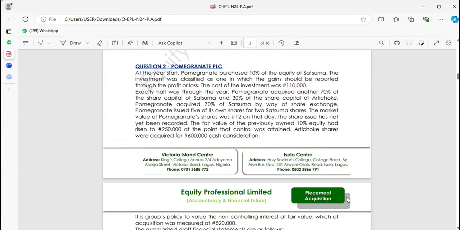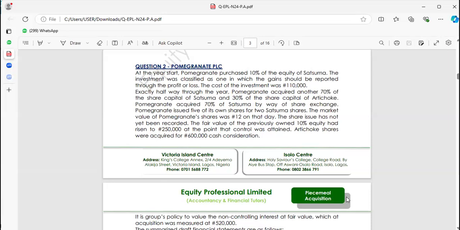Okay, let's look at this. Just to test number one, the goodwill calculation. At the year start, Pomegranate purchased 10% of the equity of Satsuma. The investment was classified as a simple investment, where the gain should be reported in profit or loss at fair value. Cost of investment was 110.